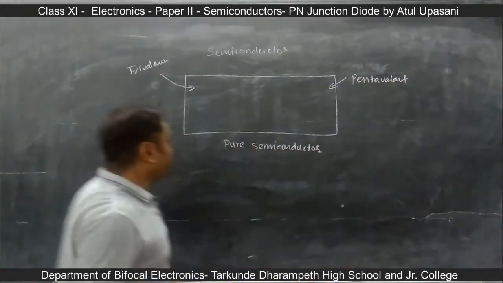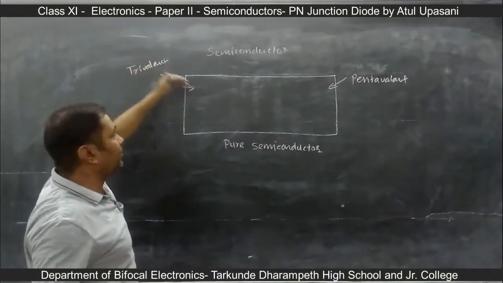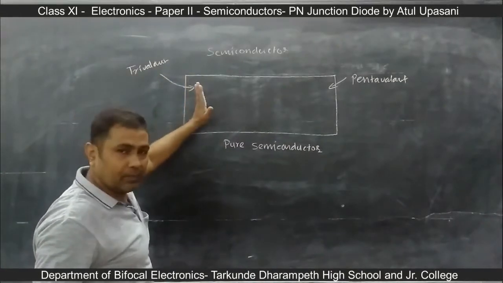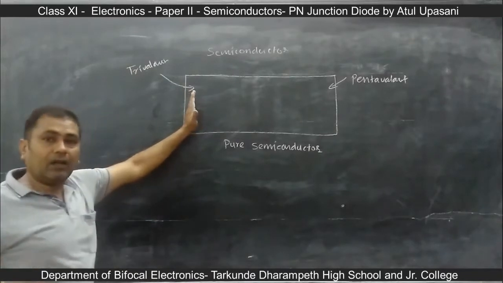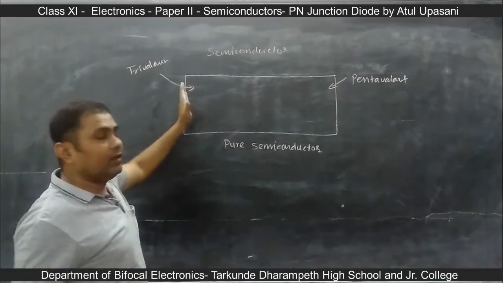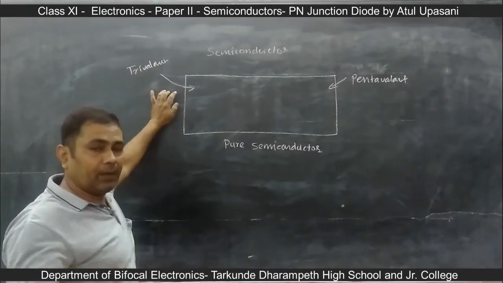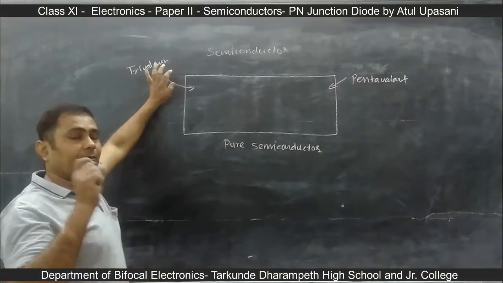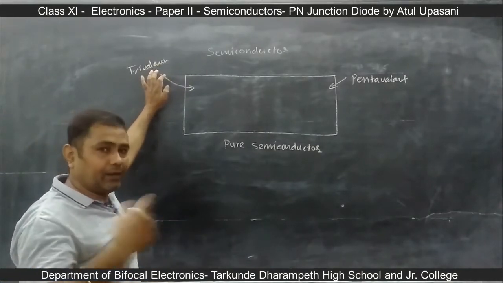What is happening? This is the pure semiconductor. When trivalent impurity is doped atom by atom inside the pure semiconductor material, this material will start converting itself into a different type. As we know how p-type materials are formed, when trivalent impurity is added there will be a creation of a hole after each impurity atom.